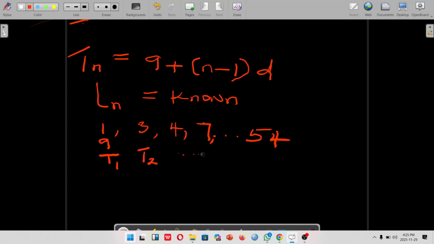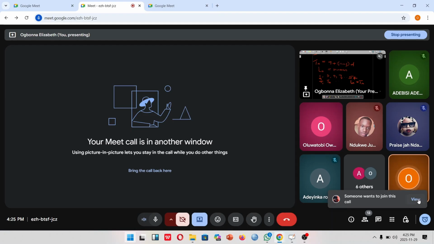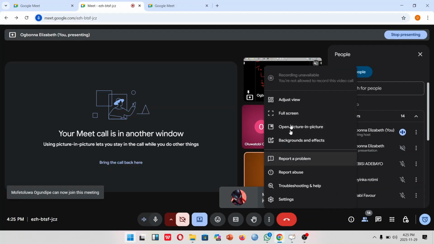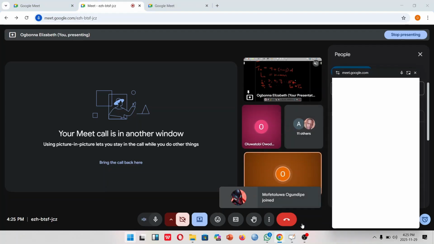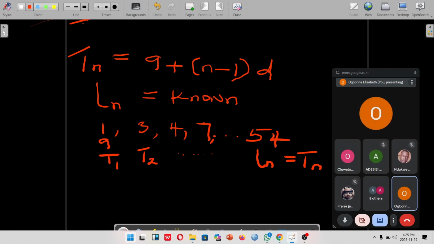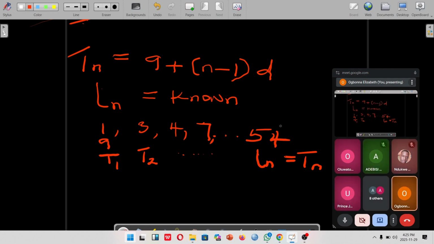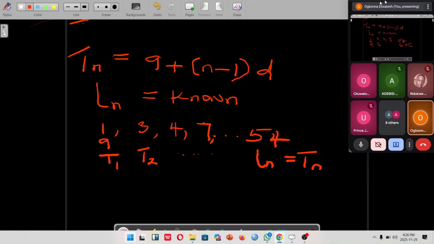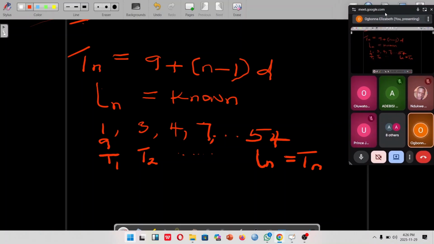You see, this one is known as the last term, or the n-th term. Are you getting it? Hope you saw what is on the board. So with that, we can now say yes, we have the last term. But since we have the last term, if we're asked to sum the terms, remember that each of these numbers, say 1, 3, 4, 7, are called terms.